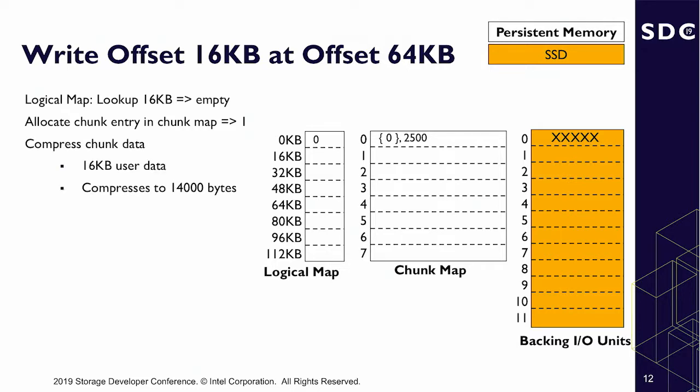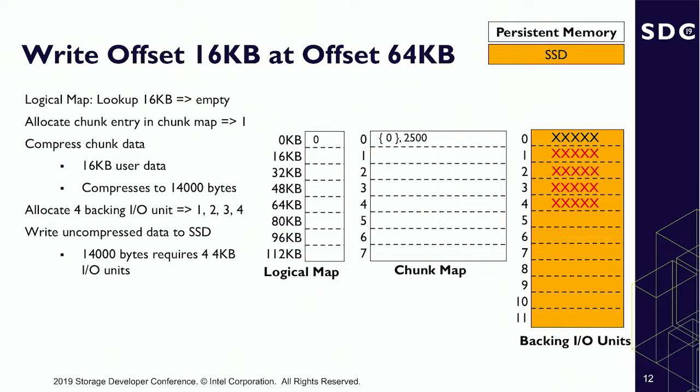Now let's say we compress this 16K and it only compresses to 14,000 bytes. 14,000 bytes is going to take 4 I/O units to store that data. So why compress it, right? If we compress it, we might as well just store the uncompressed data on the disk so that later we can just read it back and save time.